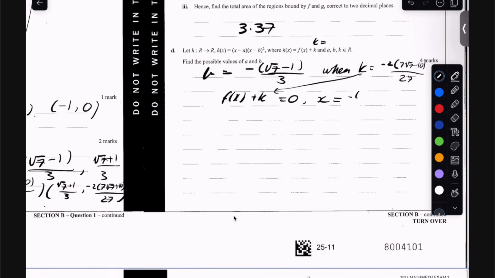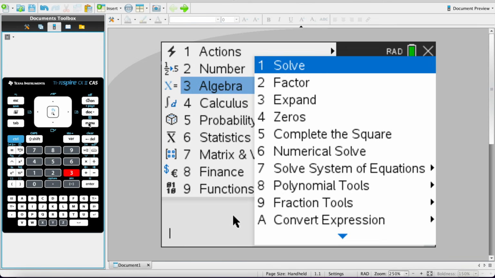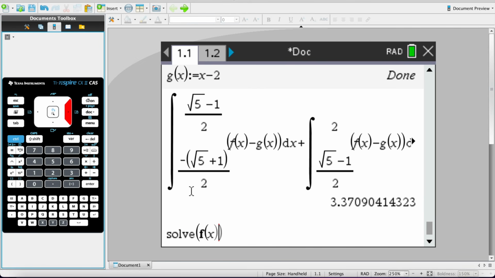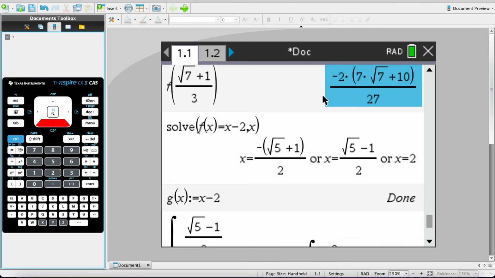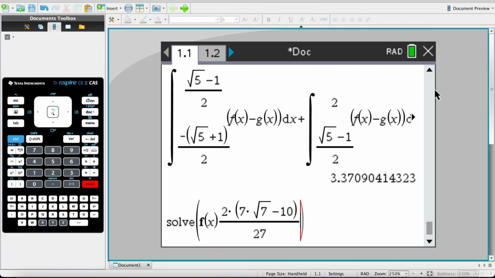So you can write down (-√7 - 1)/3, and then x is equal to, and we'll just solve that on the CAS. So we're solving menu 3.1, f(x), and then I'll just get that value that we got from before, which was this one. I'll just double check. Oh, no, it was this one, and just chuck a negative on the outside. Sorry, f(x) minus that, not times.